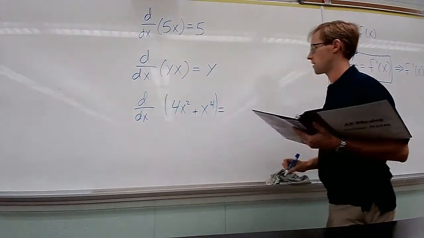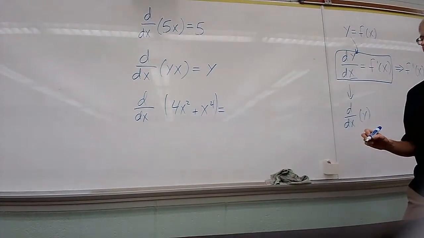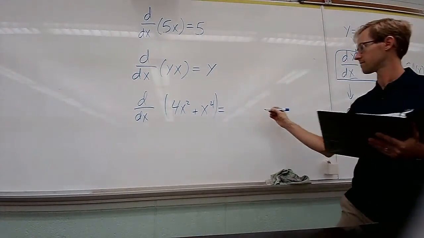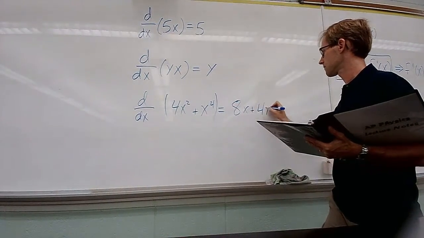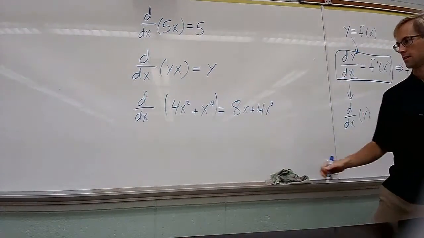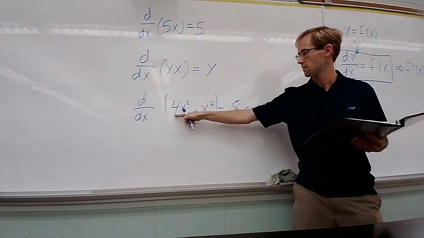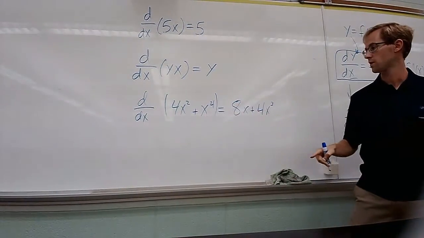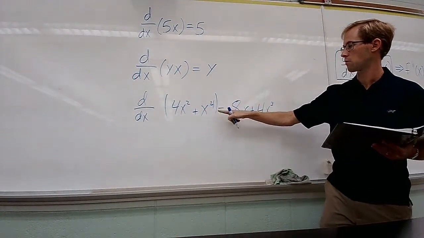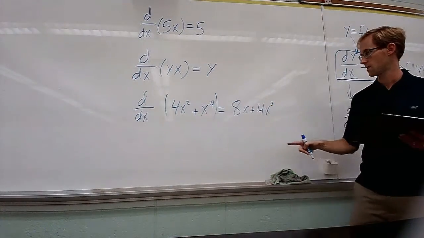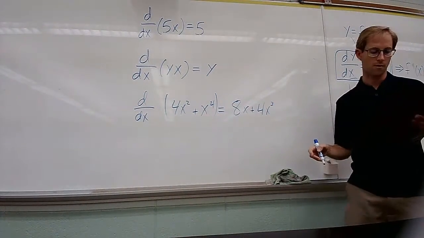The derivative of that function. 8x plus 4. Yeah. Because 2 times 4 is 8. We got to subtract 1 from the exponent. And so that's where the 8x comes from. Here, the 4 comes out in front. We put a 3 up there then. And that's where the 4x cubed comes from.